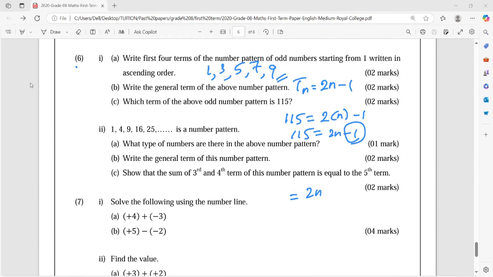Therefore, we add plus 1 to both sides, and it is going to be 116. Then you divide by 2 to get n. n is equal to 58. So this is going to be the 58th term. And the 58th term will be 115.